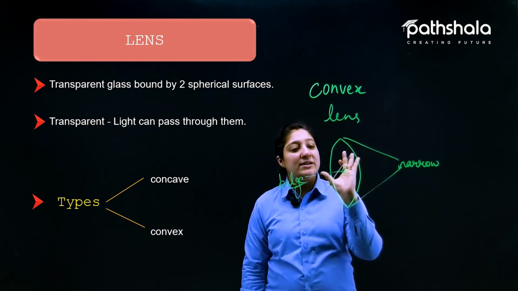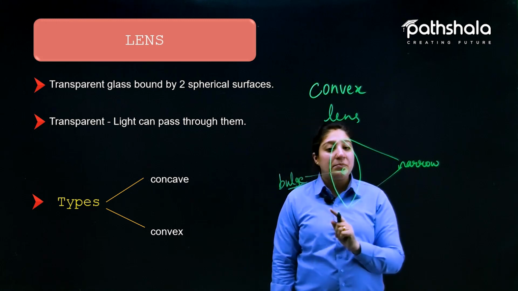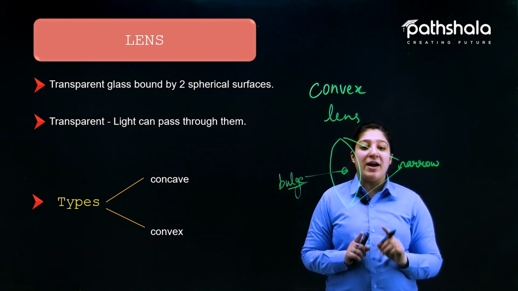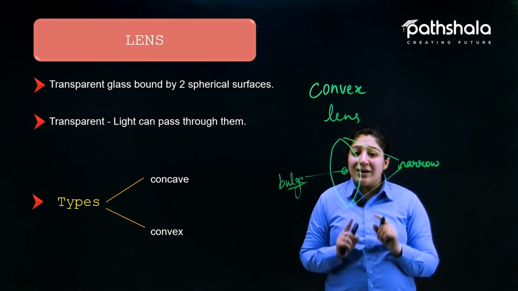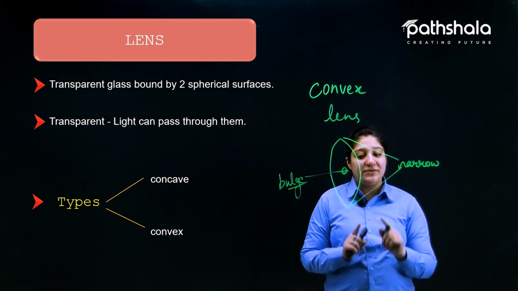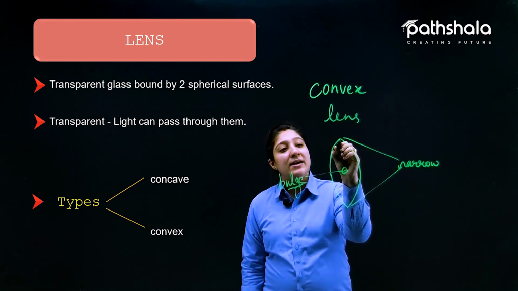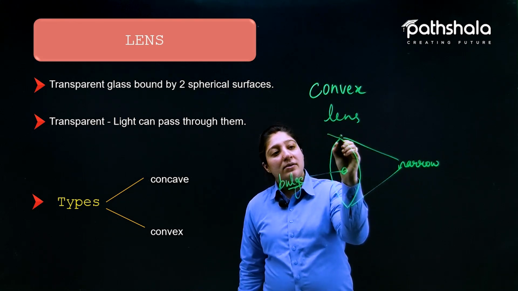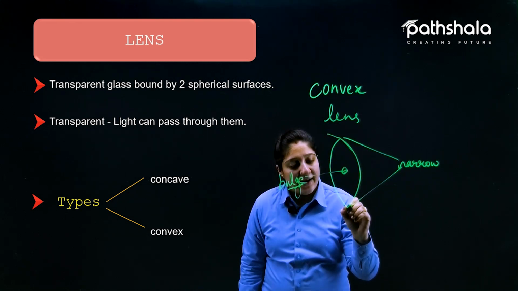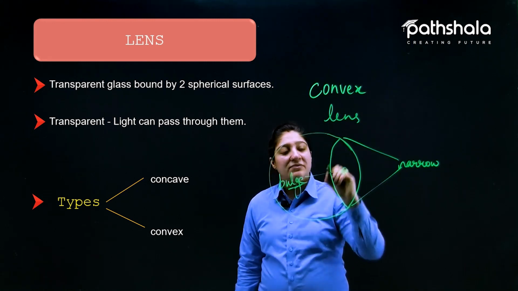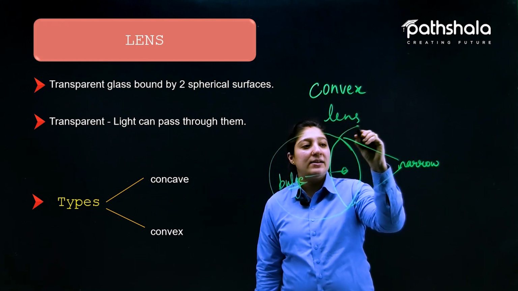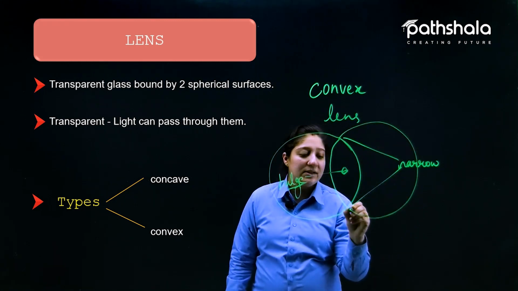Now here also just see, as I have discussed in the first point, that these are transparent glasses bound by two spherical surfaces. Now what is the meaning of two spherical surfaces here? If I extend this side, this is one sphere, and if I extend this side, this is another sphere.